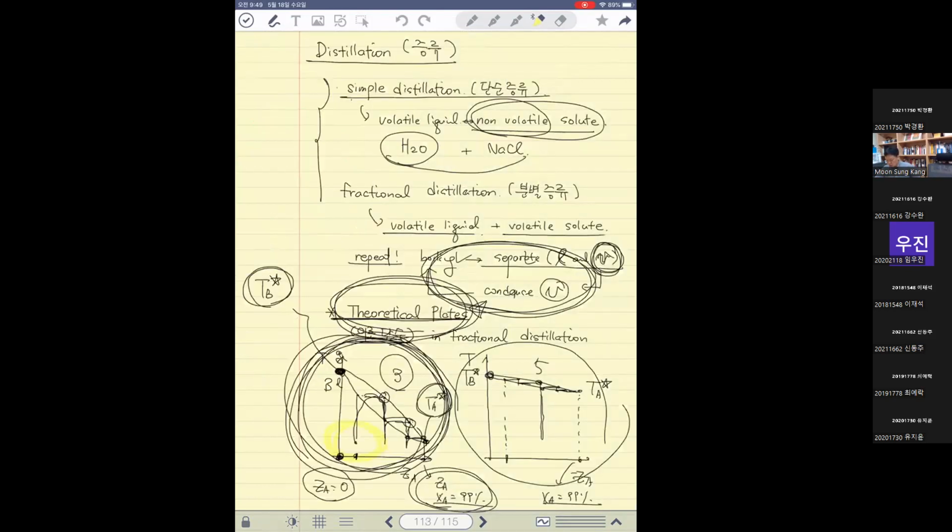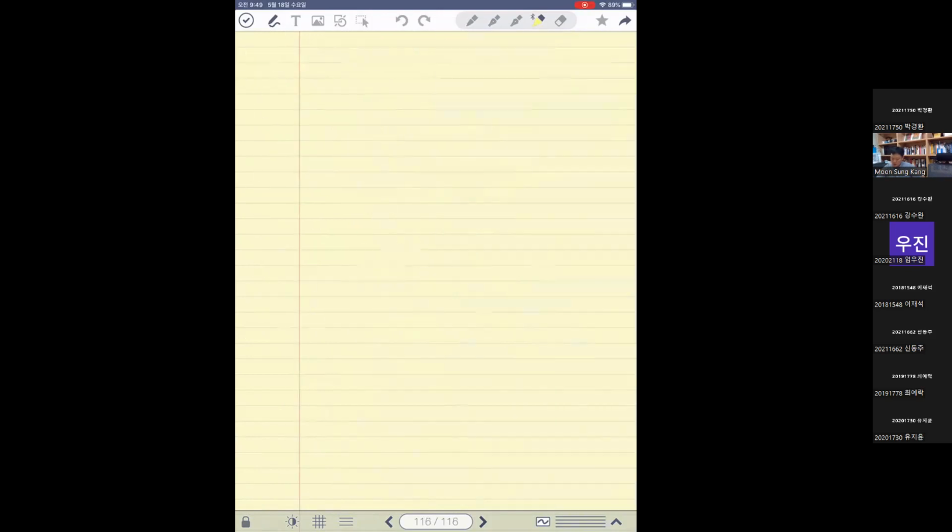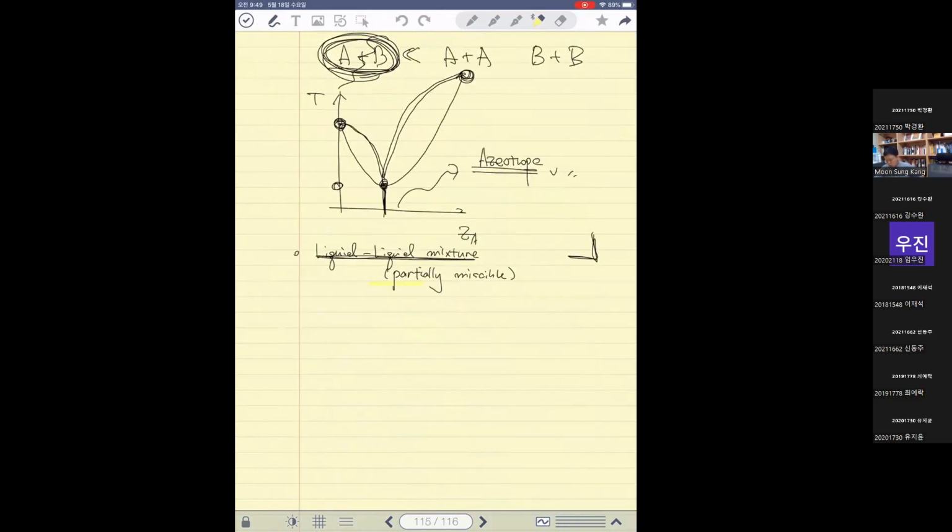But now let's think about the case where we have a partially miscible A plus B mixture. And let's think about the temperature versus the composition diagram again. So here's the temperature, here's the composition, and usually it's a mixed liquid, so I'm going to use XA instead of ZA. And let's say I have a specific temperature, T1 or T prime.